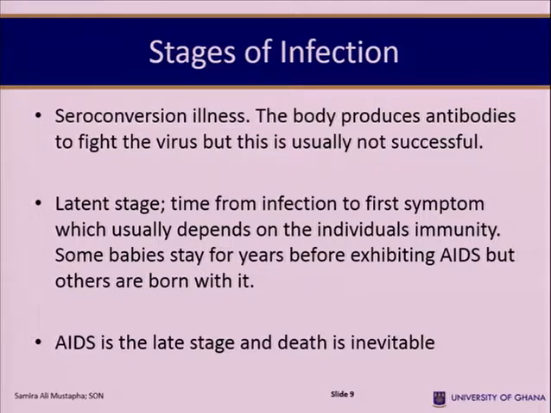And then the mother can also be at the late stage, where it will be advanced and will predispose the newborn to death. It's also very important to note that the CD4 cells, which protect our immune system in the HIV mother, are destroyed and therefore reduced.